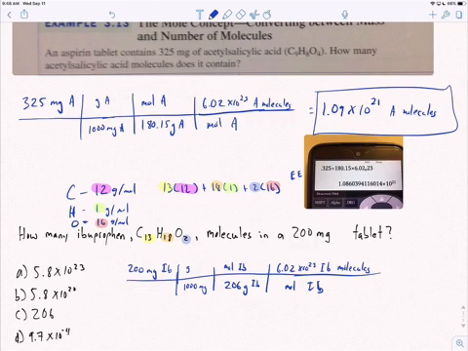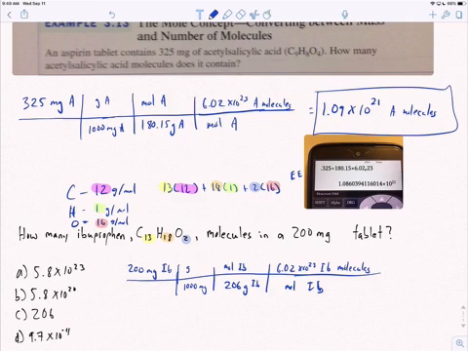Milligrams cancel, grams cancel. The idea here is that these units cancel, because the top is multiplication, the bottom is multiplication.